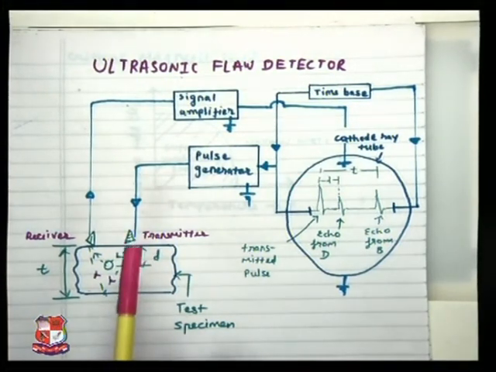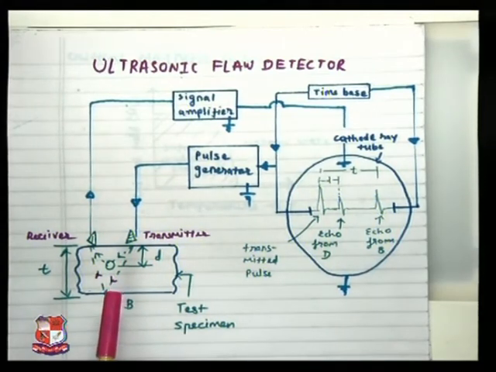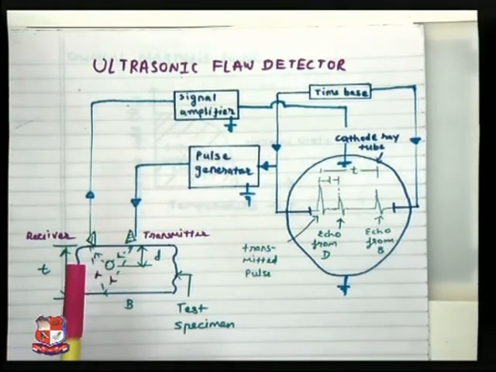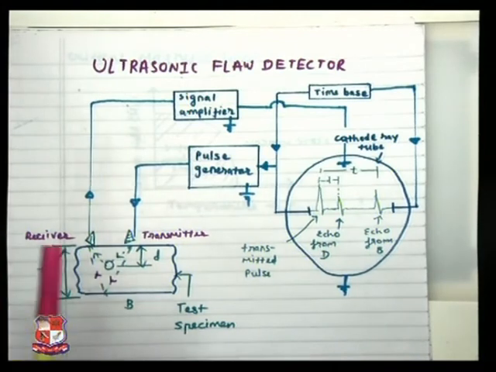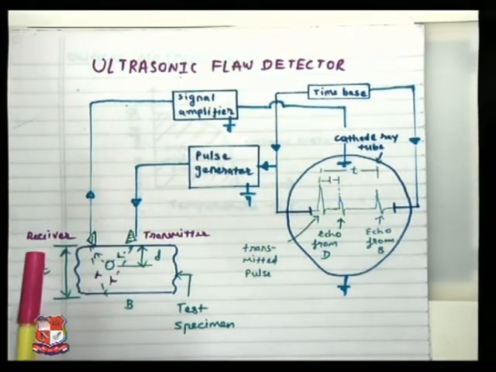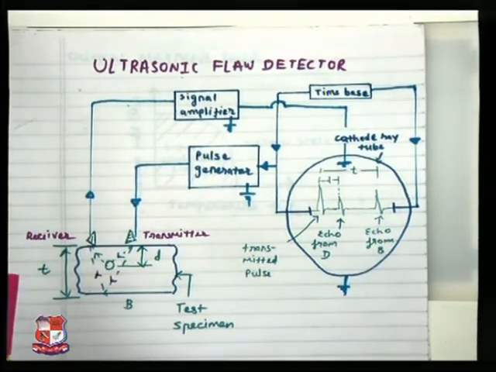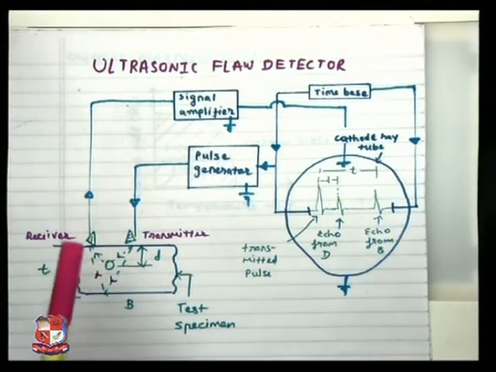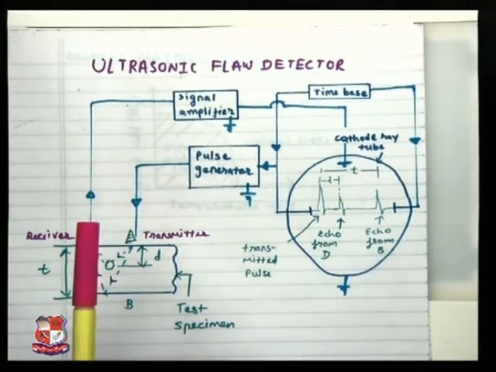When the waves pass through this material, they travel to the bottom and reflect back. When reflected back, they are received by another transducer, which is called the receiver. This receiver receives the ultrasonic waves and converts them into an electrical signal.